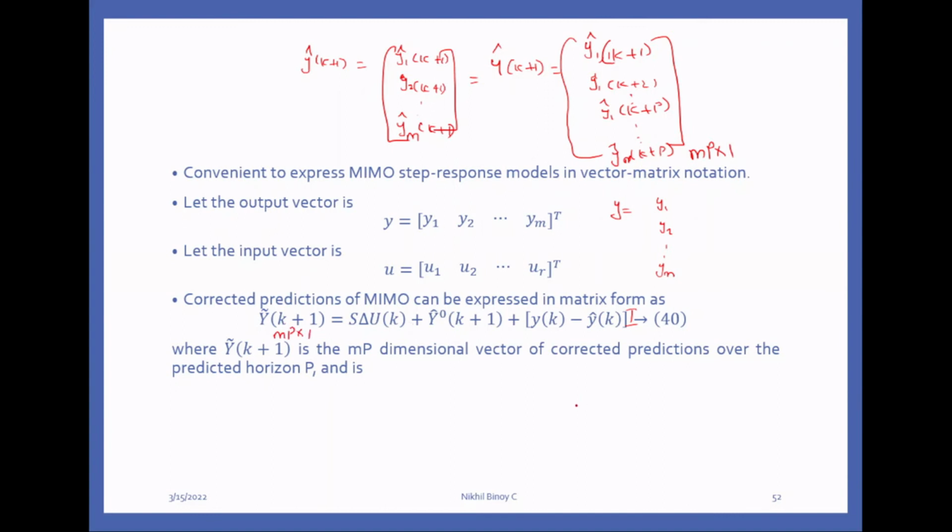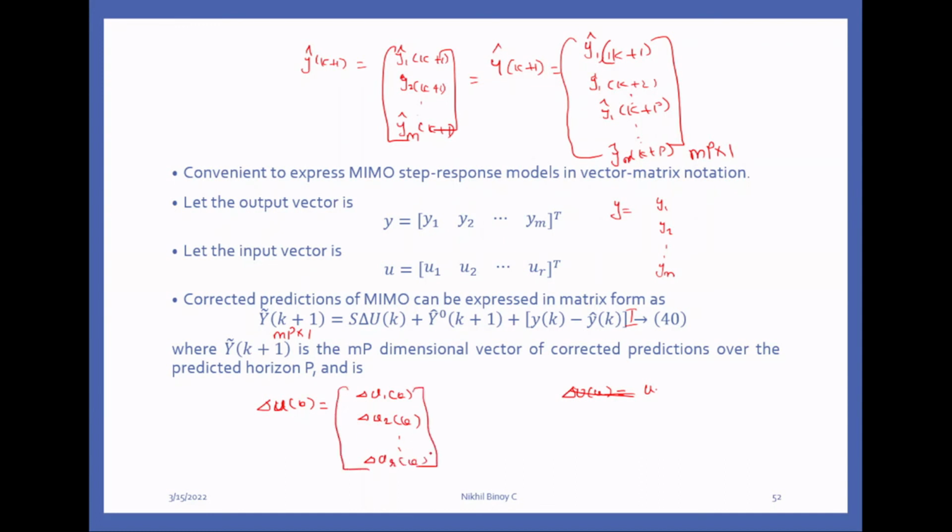Similarly, what about u of k? I told you actually delta u of k is equal to u of k minus u of k minus 1, but please note we have r inputs, so we have r differences also. So we can write delta small u of k is equal to delta u1 of k, delta u2 of k, etc., delta ur of k.